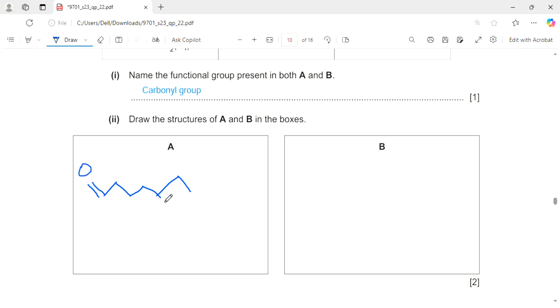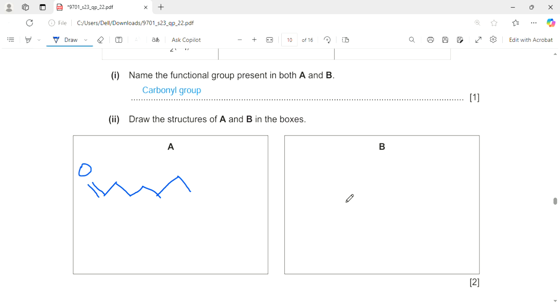One is this, and the other must be an aldehyde, because this carbon has one hydrogen attached and a double bond with the oxygen. So B must be a ketone.